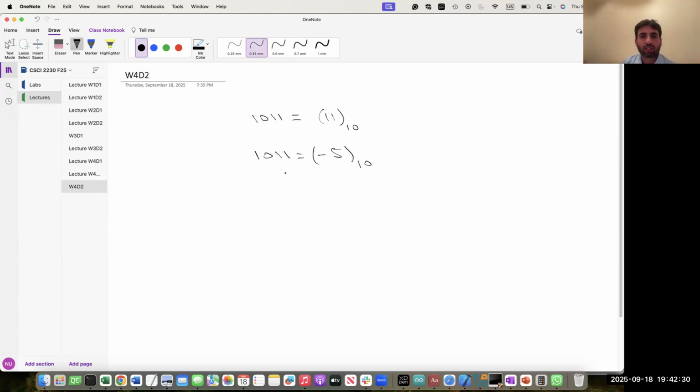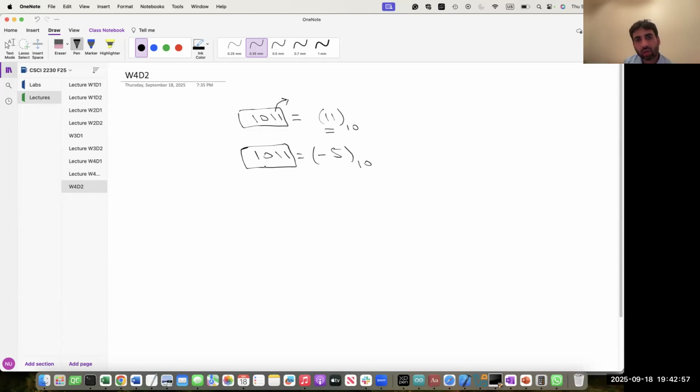The thing which I'm trying to demonstrate is this. By looking at the bit patterns themselves, you cannot tell whether they are signed numbers or unsigned numbers. It all depends upon the person who is interpreting those numbers, right? If I interpret this bit pattern as unsigned, then it is equal to 11.